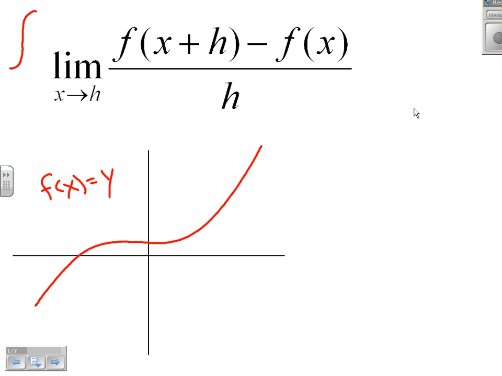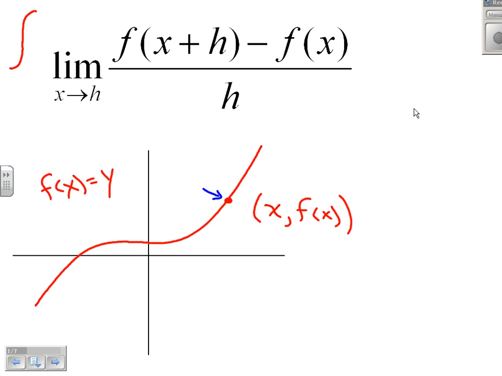And let's say we have a point on here, and any point on this function could be, given the ordered pair, some value of x produces some value of y.